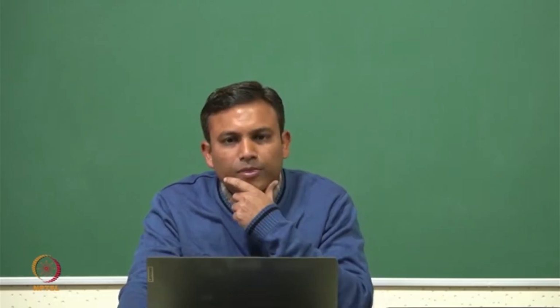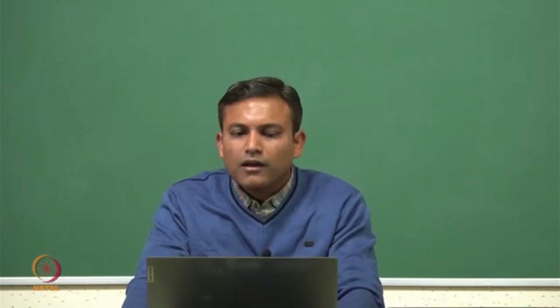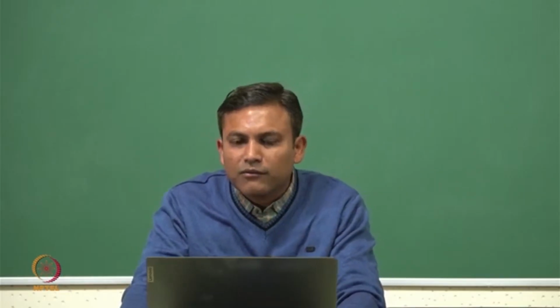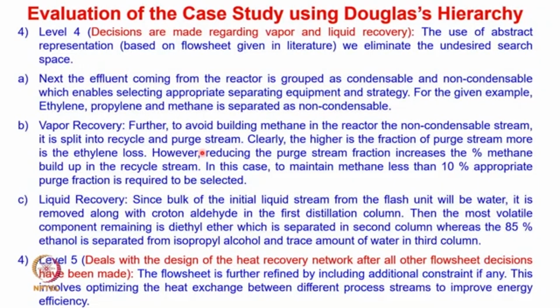This has to be first split by using a splitter, and in the splitter we can have two fractions. One fraction will be purged, whereas the other fraction will be recycled back to the reactor. So in this case you can see that the maximum amount of methane which can be built up in the reactor is given as 10%.